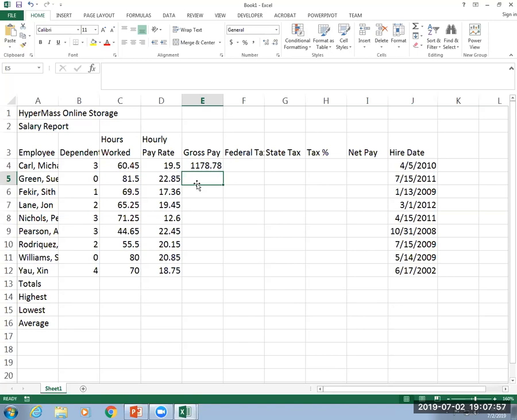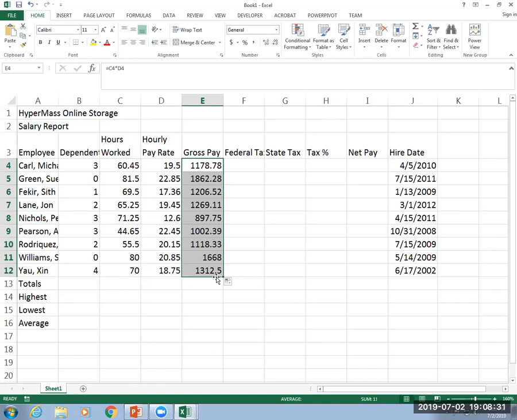And then I'd have to do, in E6, equals C6 times D6 and press enter. But there's a much better way of doing it. Anyone guess what the much better way is? The fill handle. So I'm going to go into my gross pay and fill handle that down so that I get all of my answers.